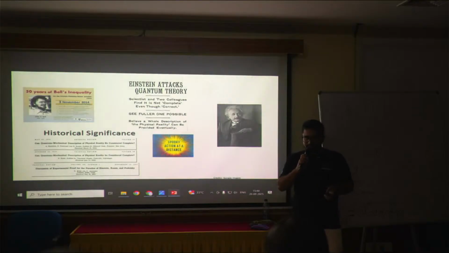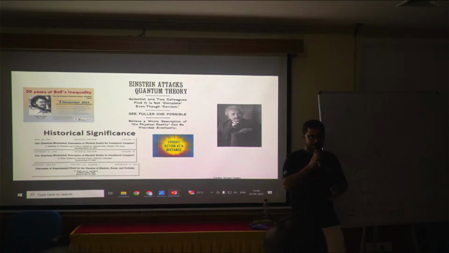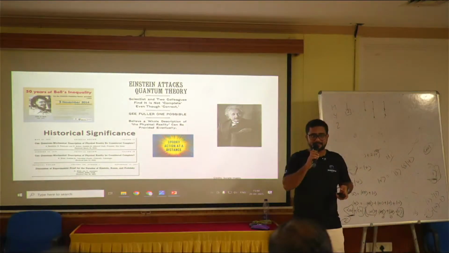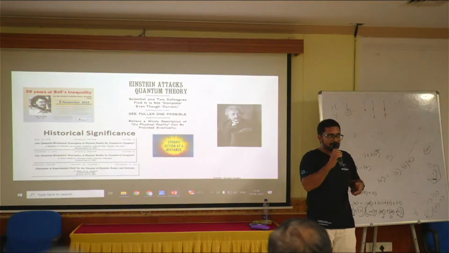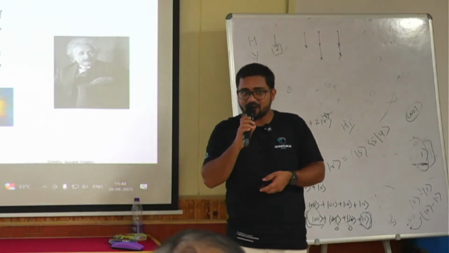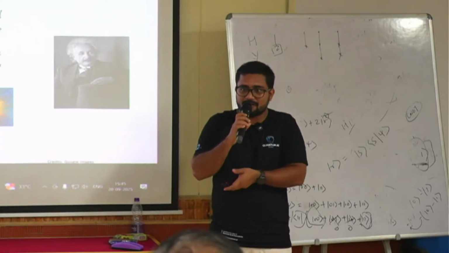And with time, it has been tested experimentally by John Bell and Bohm. These people worked on the experimental perspective of that, which is called entanglement. We have studied entanglement a lot. Now we're going to see how entanglement can be generated and how it breaks the principles of our nature.